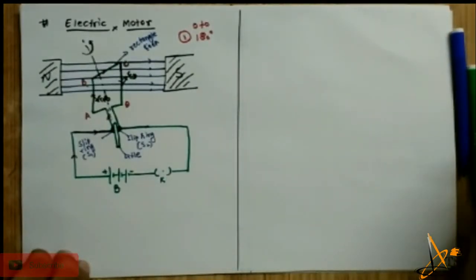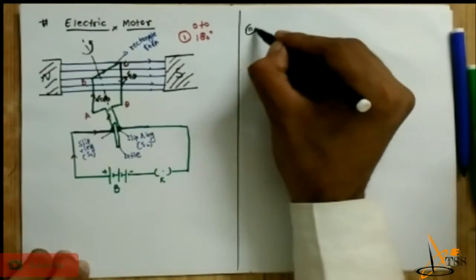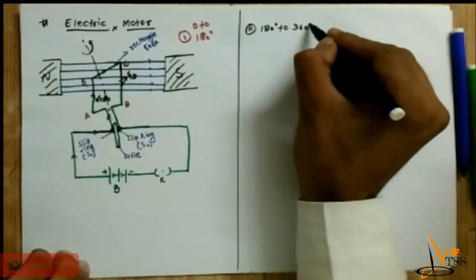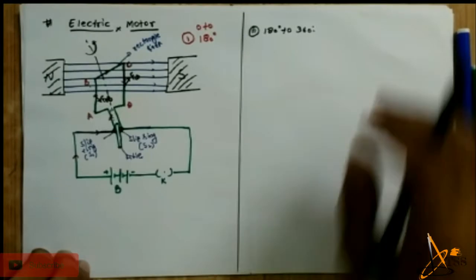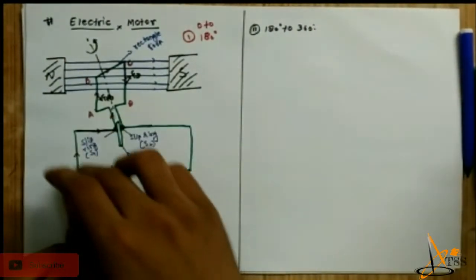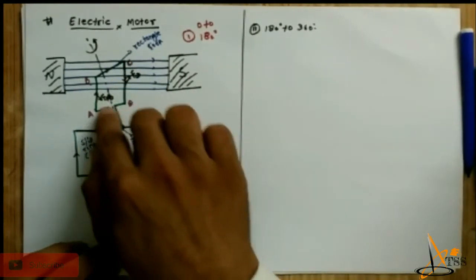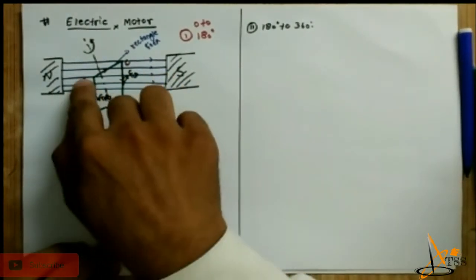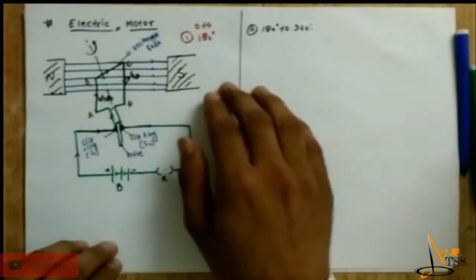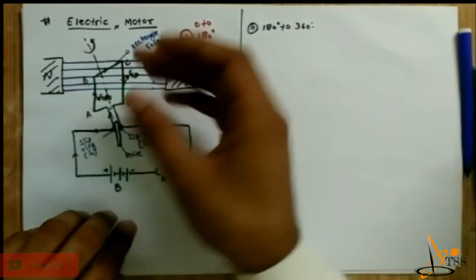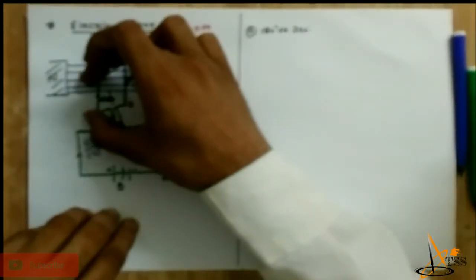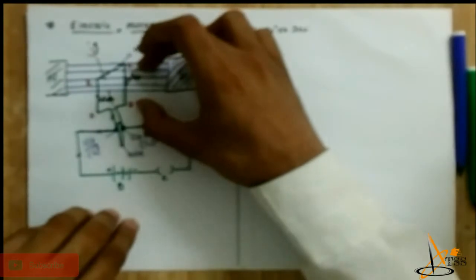Now let us understand the second case, 180 degree to 360 degree. As the current flows in the wire of this rectangle loop, the direction of current is from A to B, B to C, C to D, and the external magnetic field is from there, then it will move anti-clockwise, and as a result part CD comes here on the left side and part BA goes on the right side.